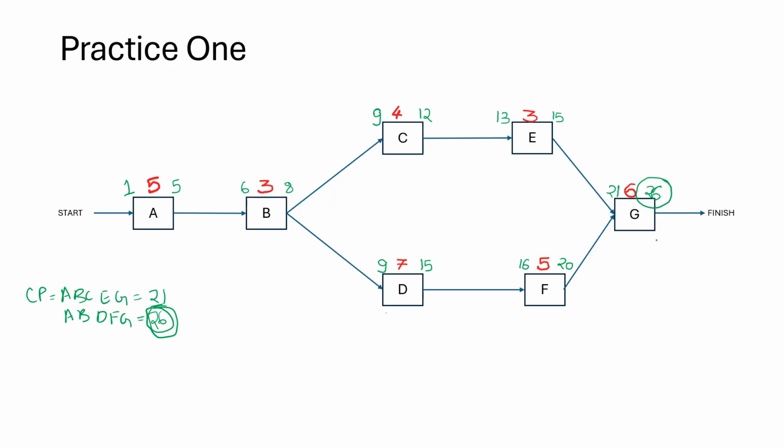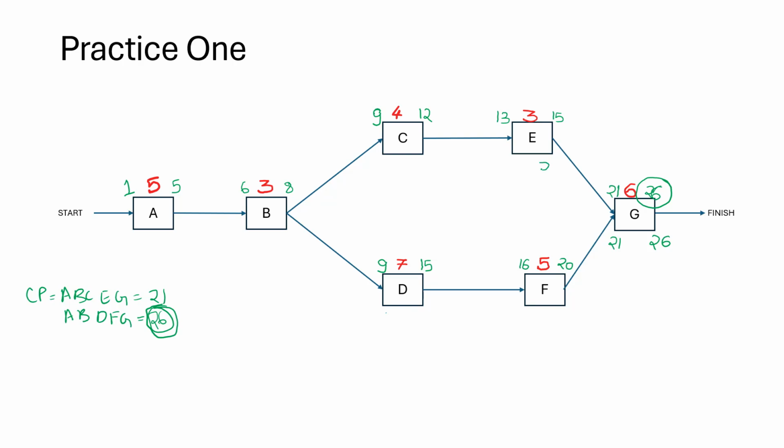Now we will do the backward pass. The late finish for this is going to be 26, and now we will do everything we did in forward pass in reverse. So I will subtract the duration and add 1. So 26 minus 6 is 20 plus 1 is 21. 21, and to go ahead I have to subtract 1.